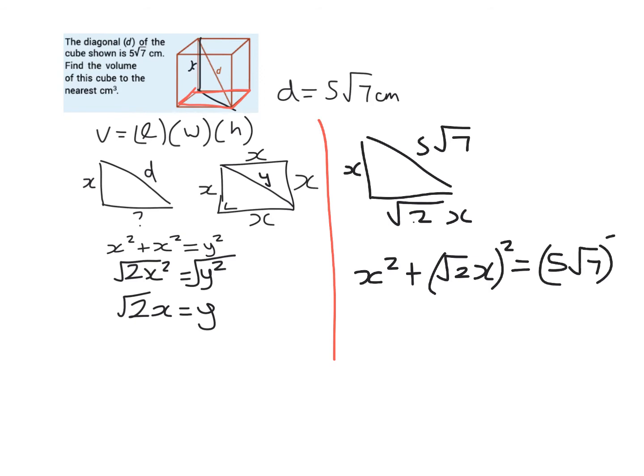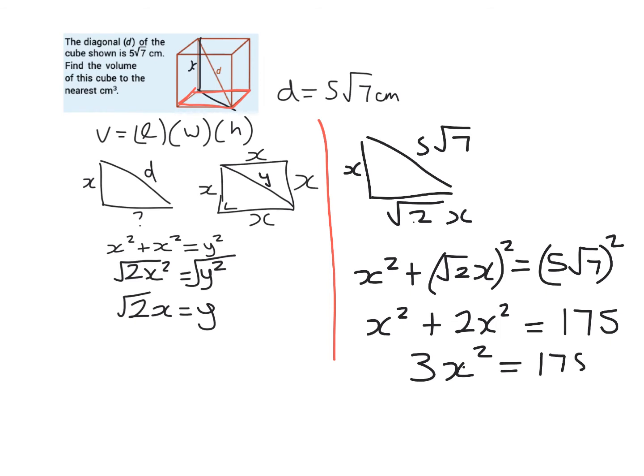Again, this is just Pythagoras' theorem, so that's all I'm following. x squared plus, now root 2 squared is 2, and x squared is just 2x squared, is equal to 5 squared, which is 25, multiplied by 7, which is going to give me 175. Please put that into your calculator, do not do it in your head. So I get 3x squared equals 175.